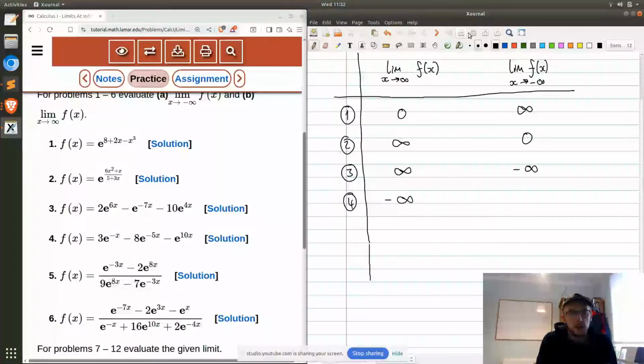And here, 3 to that, that'll be 3 to the infinity, which is infinity. And then here, negative 5 times negative infinity and positive infinity. So infinity, I guess, or 0. So we have to contend with this infinity minus infinity business. So what do we do?